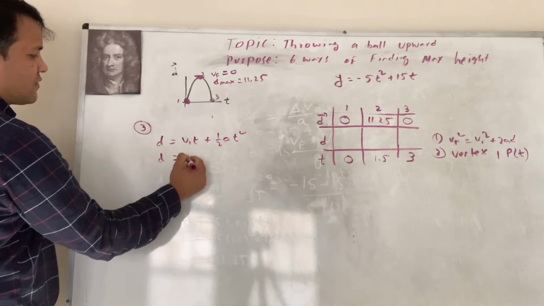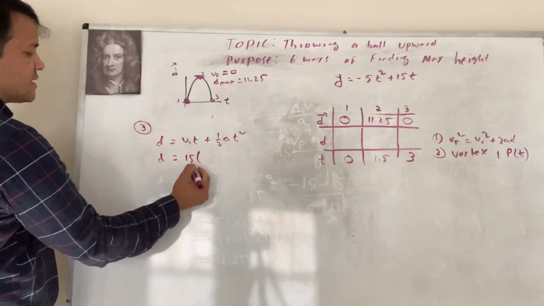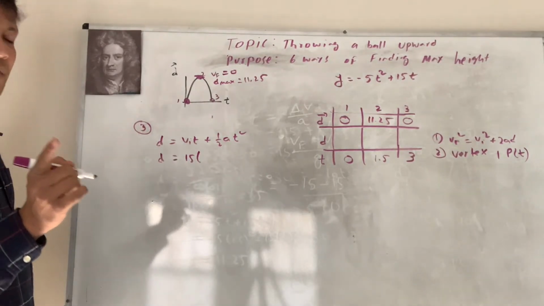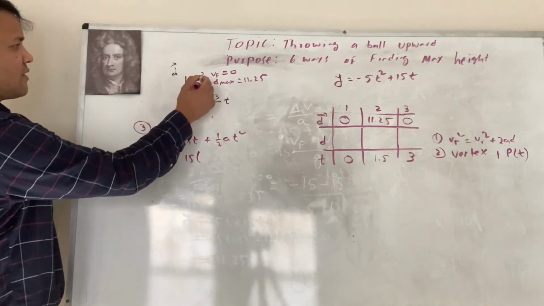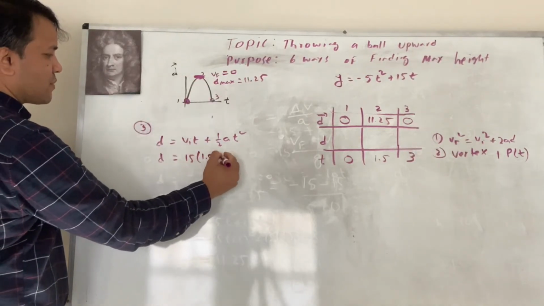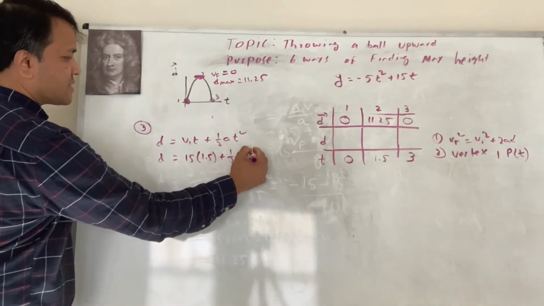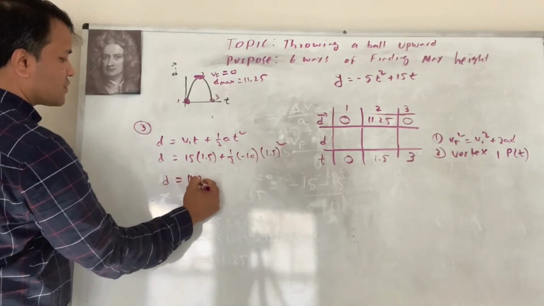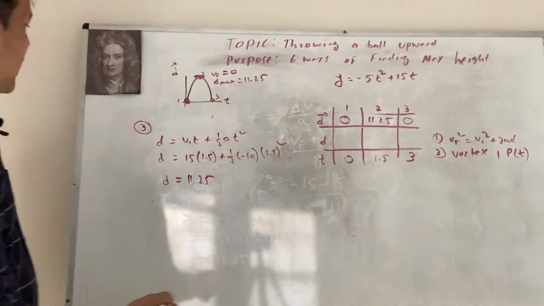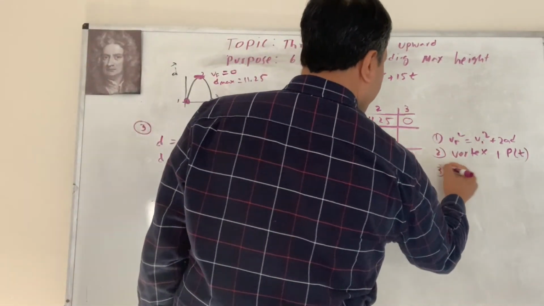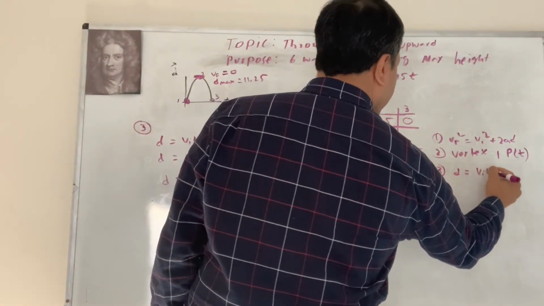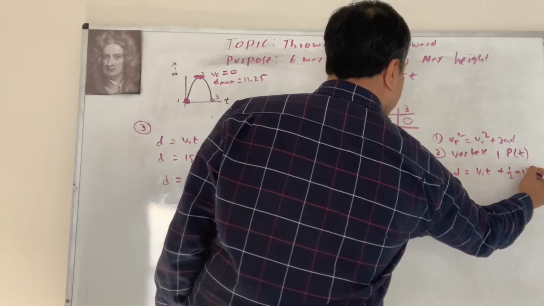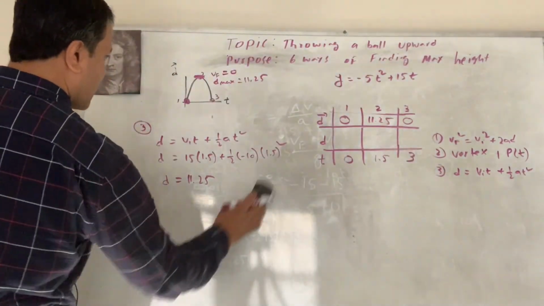So D is equal to 15 times t, and make sure you write 1.5, not 3, because at 1.5 it changes the direction. So you must write 1.5 plus half times negative 10 times 1.5 squared. And that gives you 11.25. So 3 ways you found so far.